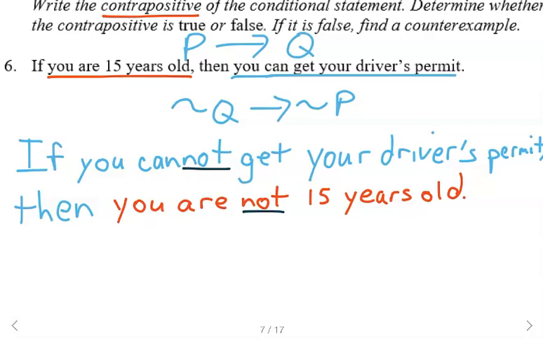You would have to think of some really extreme cases of people that could not get their driver's permit, but they are 15 years old. If you're going to say false, you need to come up with a counterexample. And so I would have to see your counterexample to decide whether I think that's a valid statement. But I'll go with true.